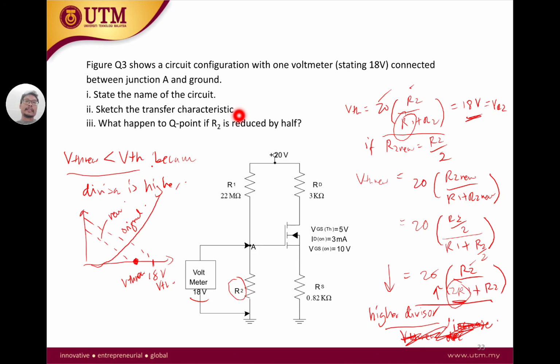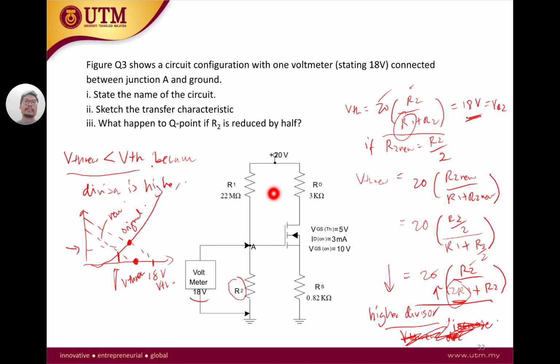The characteristic curve is the same. It's not going to be impacted. But now our load line shifts down. So what happened when the load line shifts down is what happened to our VDSQ and IDQ. Originally it's here.